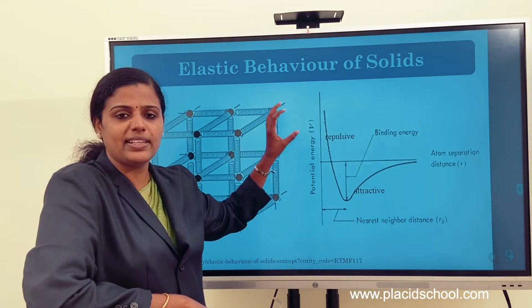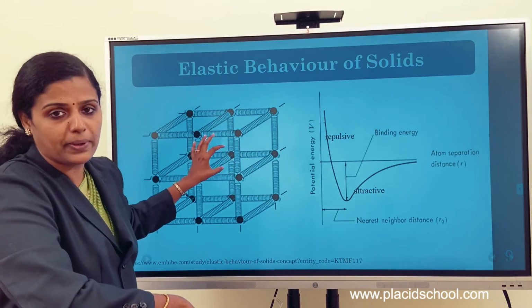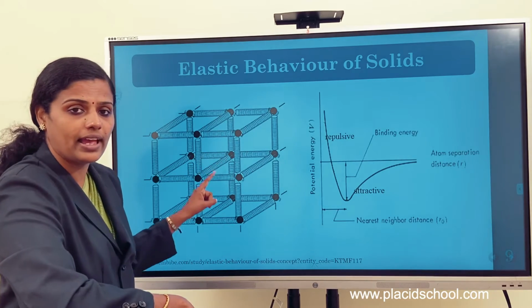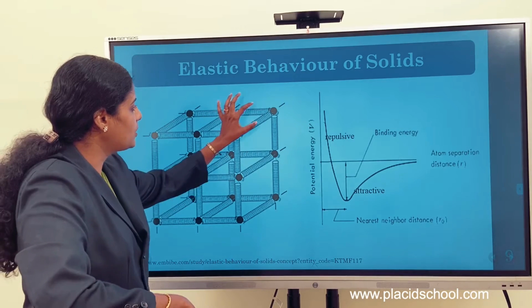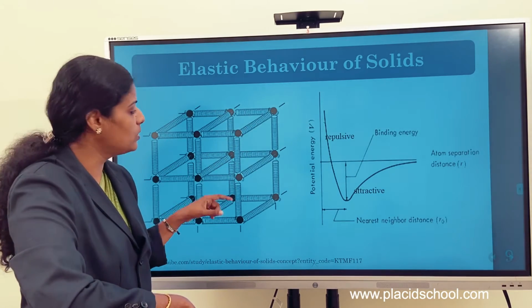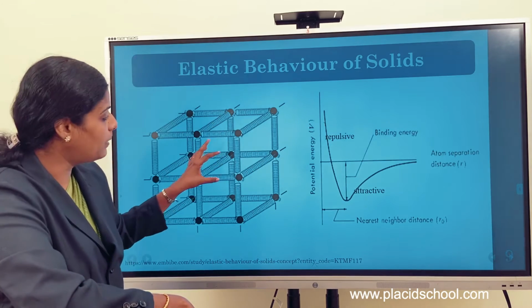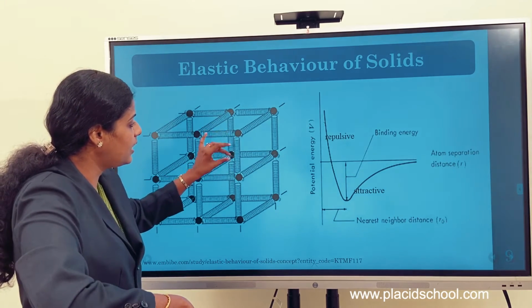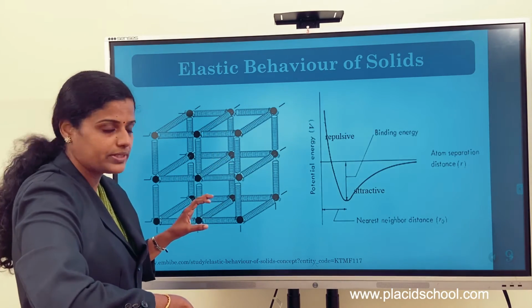We can explain this behavior visually by using this spring-board pattern. Here the spring represents the interatomic or intermolecular forces and the black dots represent atoms or molecules, so we know that the atoms or molecules are separated by a minimum distance and they are bound together by interatomic or intermolecular forces.